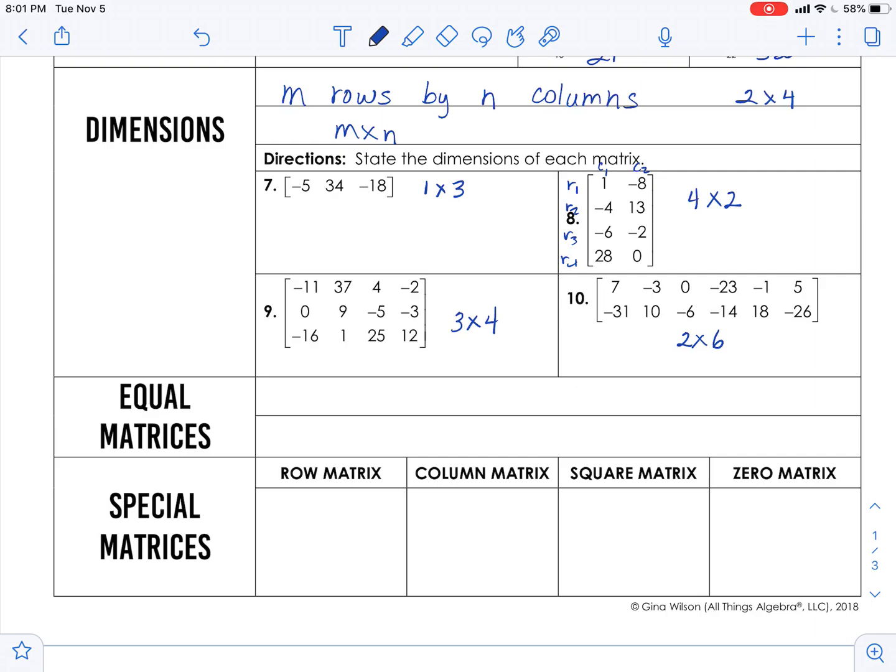Okay, so let's talk about what are equal matrices. So two matrices in which each element in one matrix is equal to the corresponding element in the other matrix. So let's get that written down.